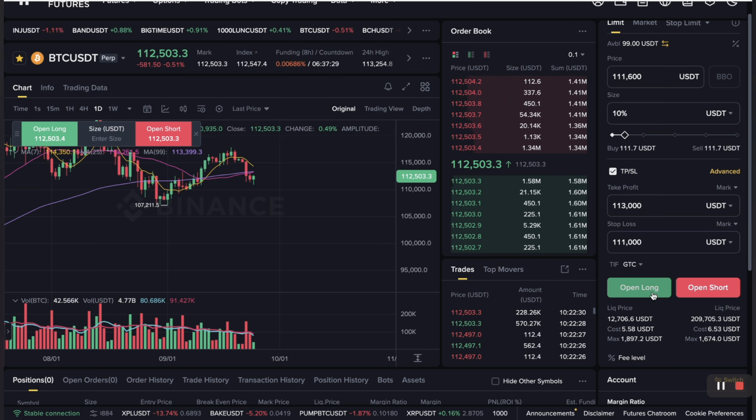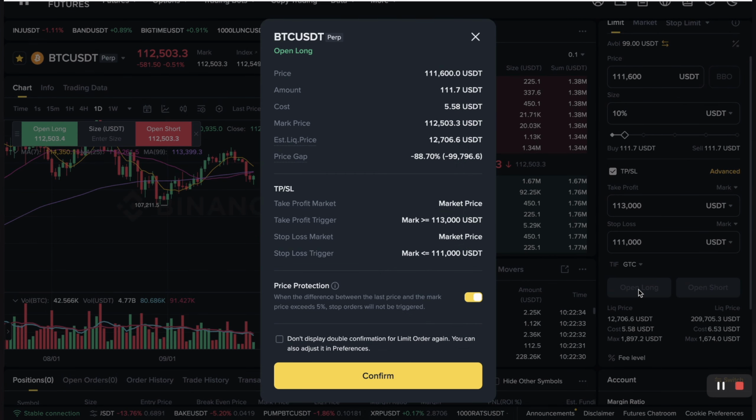So I will just click on this open right now. You can see it will show me everything. The price is 111,600. Then the amount, you can see the cost is just $5. The market price right now is 112 something.